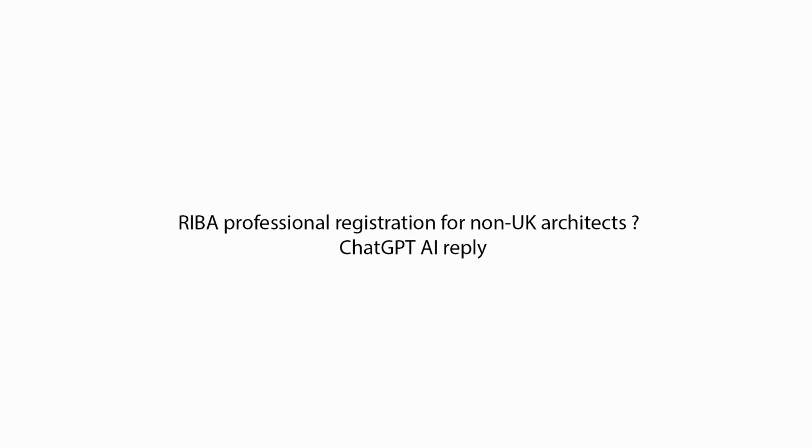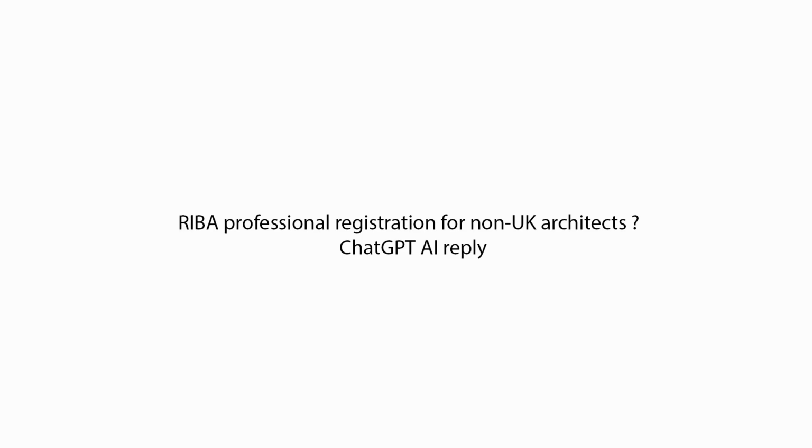RIBA, the Royal Institute of British Architects, is a professional membership body that enhances professional standing. It is not legally required to practice, and requires ARB registration or equivalent status. Your real goal is ARB registration. RIBA membership comes after or alongside that.